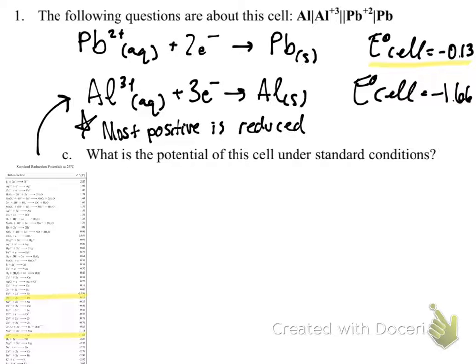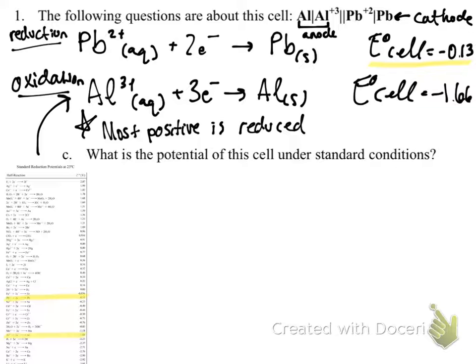So in that case, our most positive is going to be the lead because it's negative 0.13 instead of negative 1.66. And again, we also know this because of earlier with the anode and the cathode, and the reduction and oxidation and an ox-red cat. So this is just two ways to confirm that you're going on the right track.